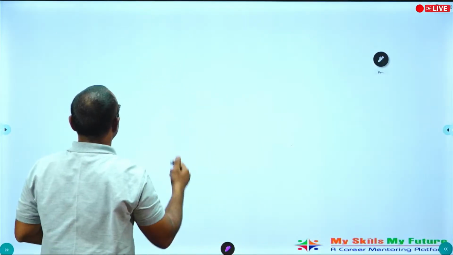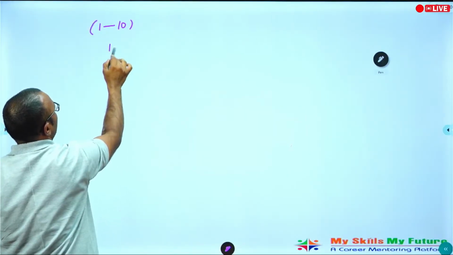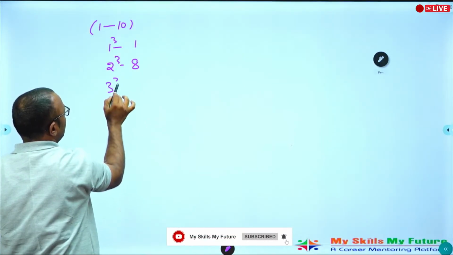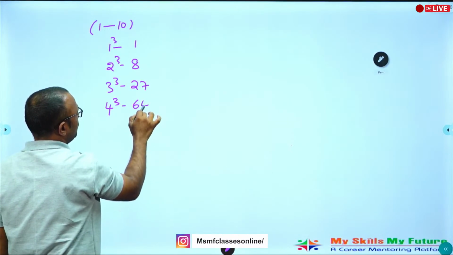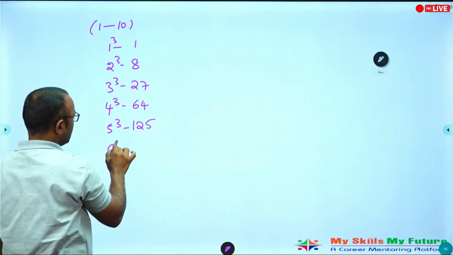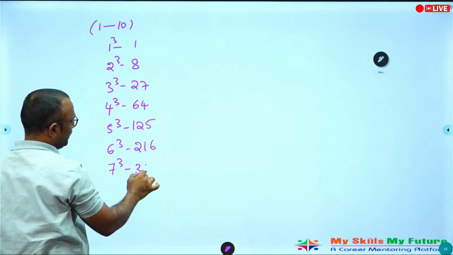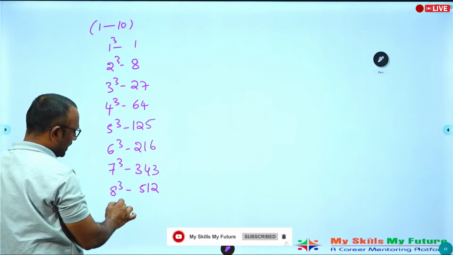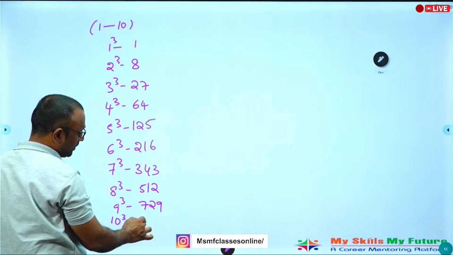First, the aspirant must know the cubes from 1 to 10. 1 cube is 1, 2 cube is 8, 3 cube is 27, 4 cube is 64, 5 cube is 125, 6 cube is 216, 7 cube is 343, 8 cube is 512, 9 cube is 729, and the last one, 10 cube, is 1000.